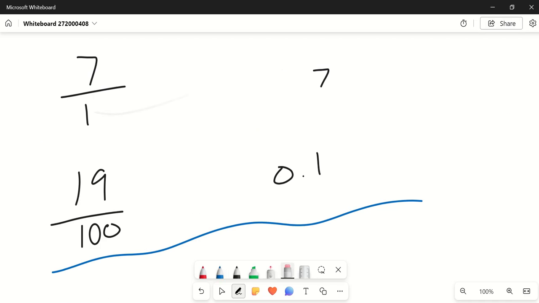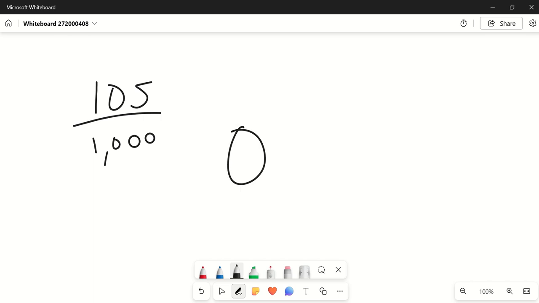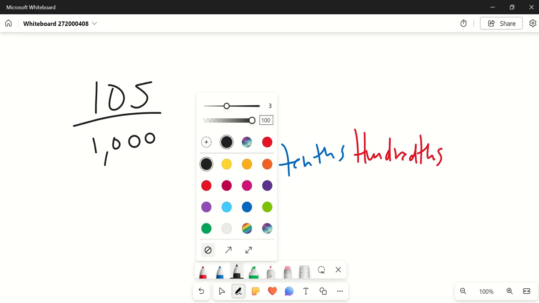So we're going to erase this. As a fraction, this is going to be 105 over 1,000. In place value, after the decimal, we have the tenths, then the hundredths, and then the thousandths.